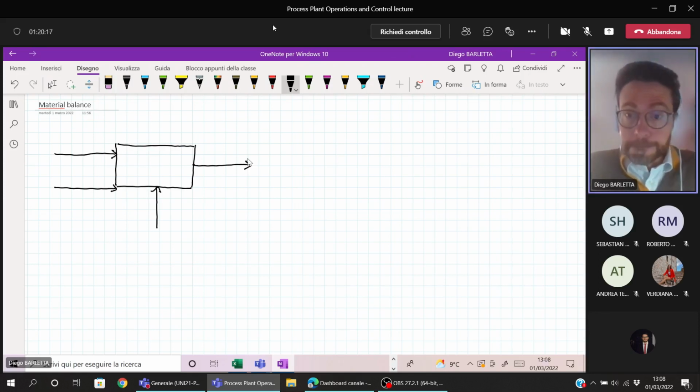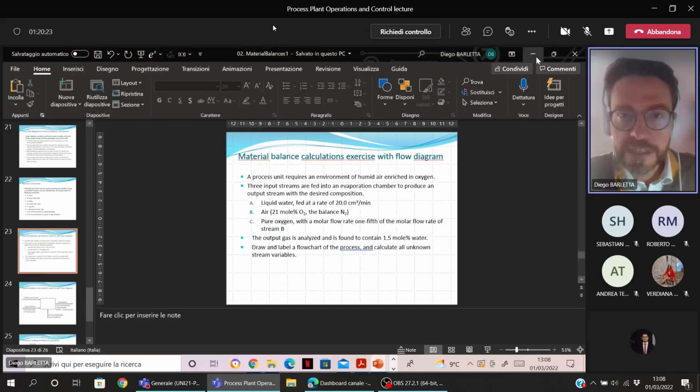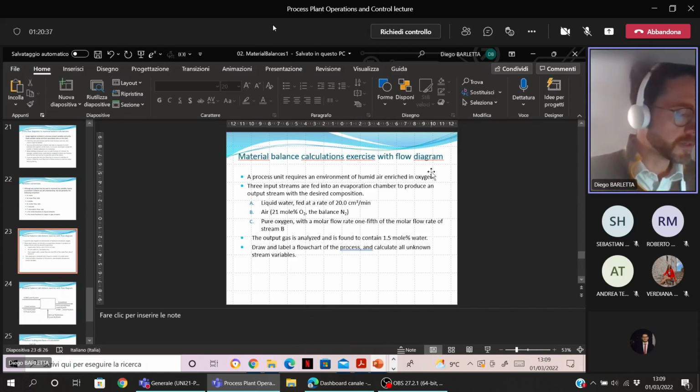Maybe we need to go back to the data. So we have A, that is liquid water, fed at a rate of 20 cubic centimeters per minute.